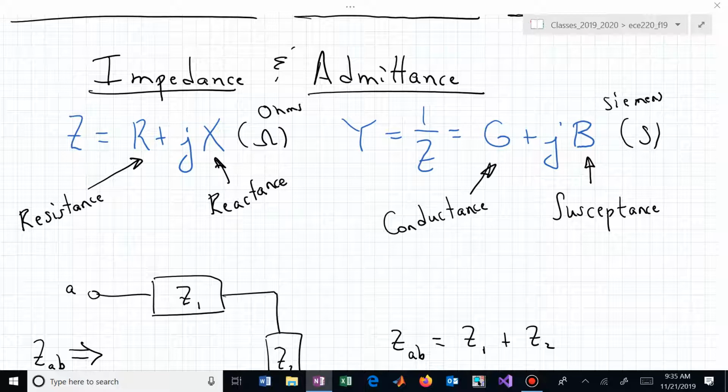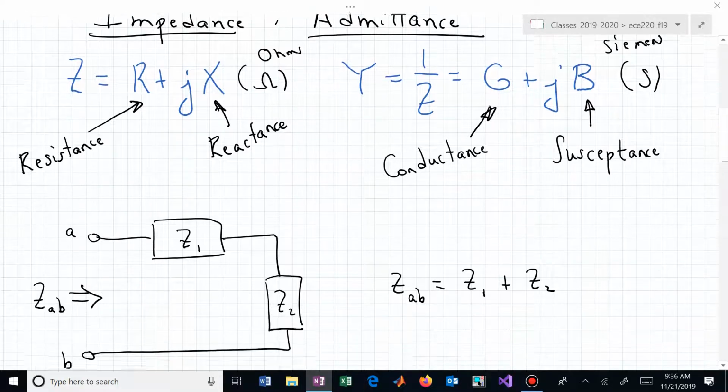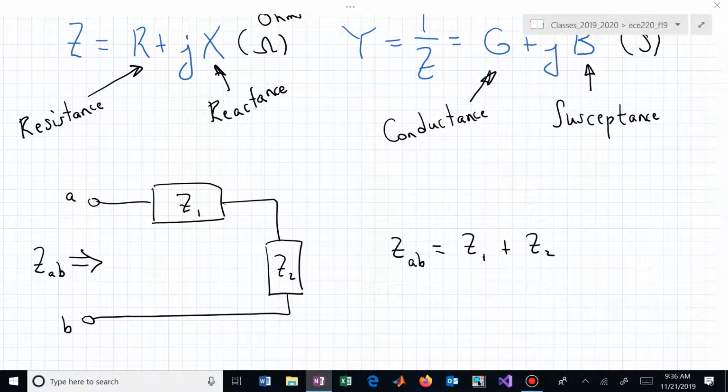Let's be in a good mood today, but we now have G for conductance and B for susceptance in the admittance if we want to denote those or refer to those by letters. And don't hold me to that knowledge. I'll probably not know that, but I do know impedance, and I know what that is in terms of R, L, and C. We can use our same ideas in combining impedances as we did with combining resistors.